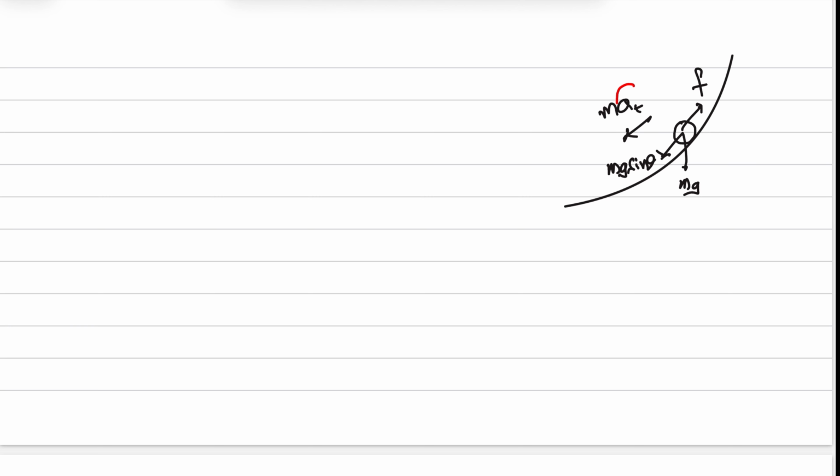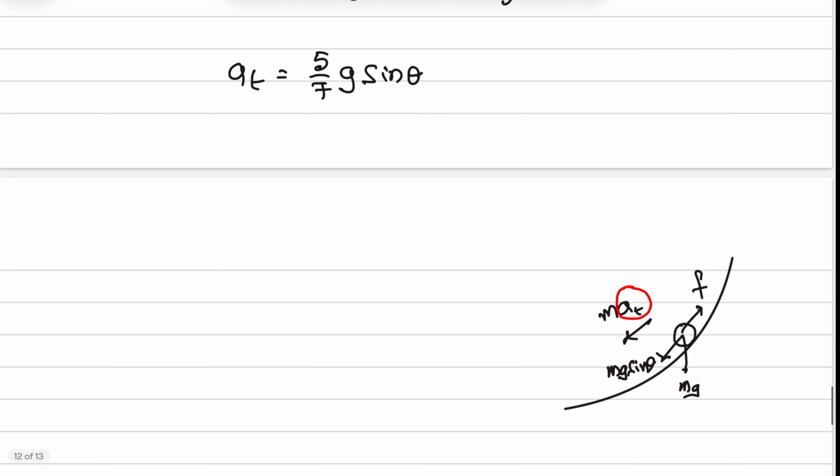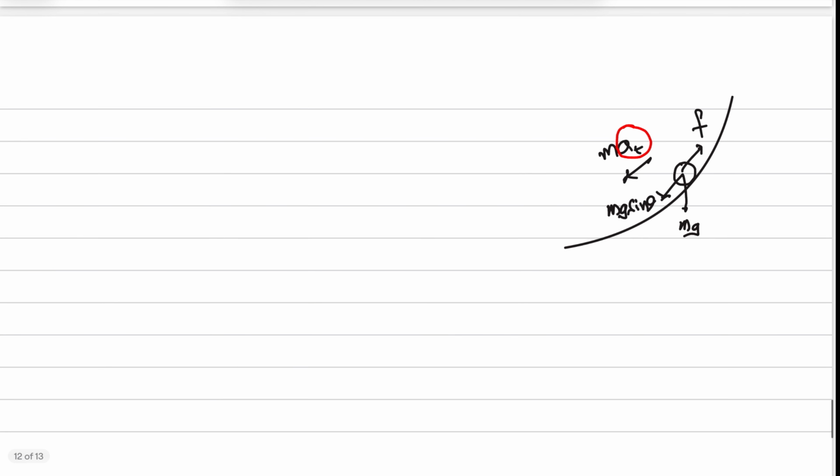Whatever this At value that we have found, the whole system is moving with an acceleration of 5 by 7 g sin theta. Now, the whole system acceleration.